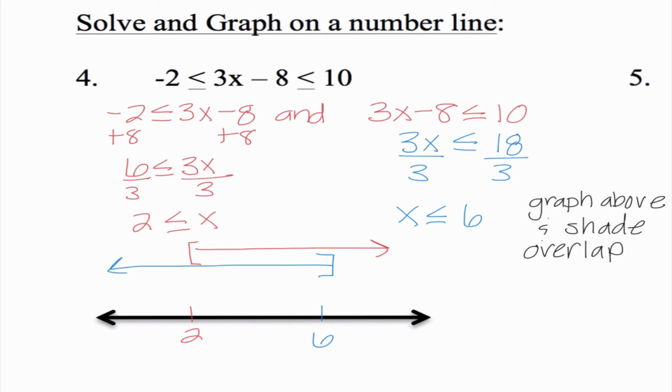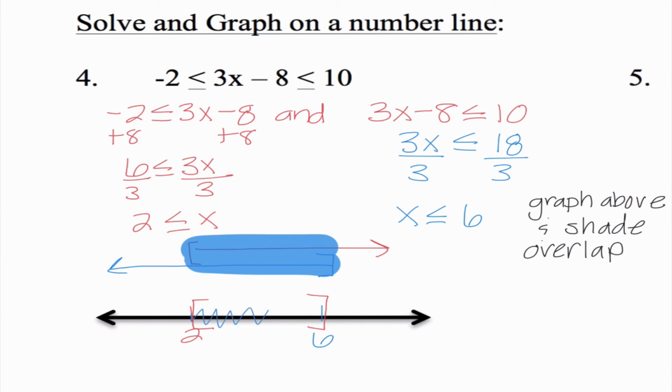Now looking at this, I notice that it overlaps in this middle section. I'm going to highlight that for us. On my actual number line here, I'm going to put brackets, and the reason is because I used a bracket here and here, and this is where the overlap happened.